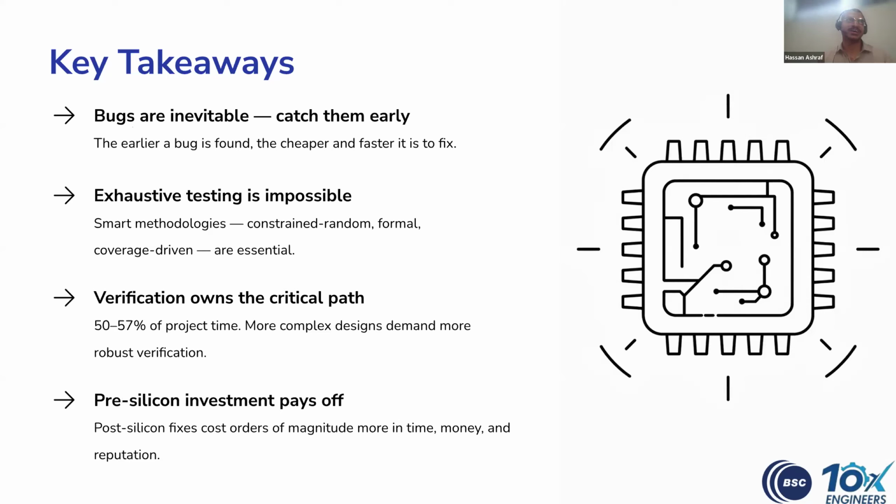I am very shy to say to my project manager that this design is 100% bug free. So we always say that we are confident enough, we have tested this case, and we are confident enough that this chip would work as intended in the real world.